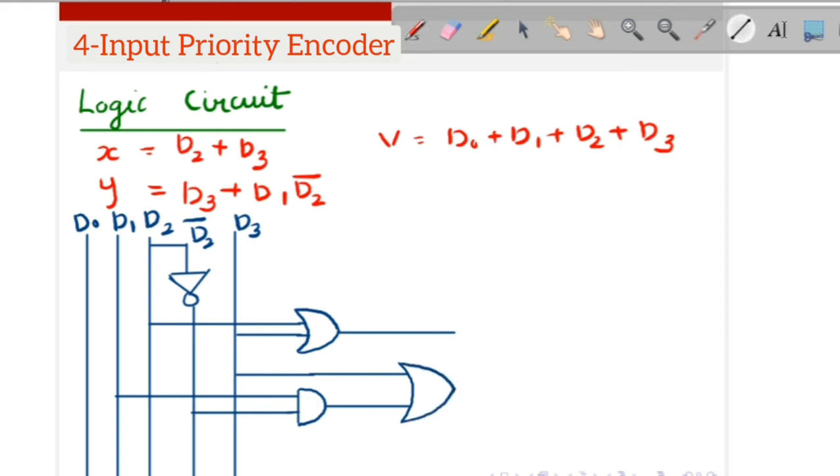Okay, so it generates Y. Then V is equal to D0, D1, D2, D3. These four inputs are OR together.